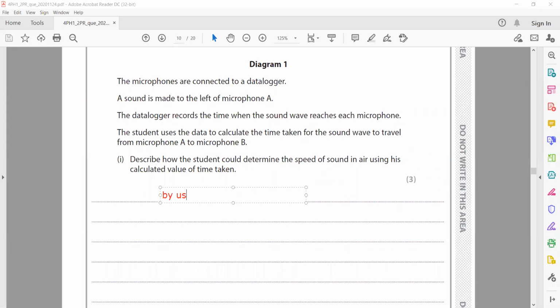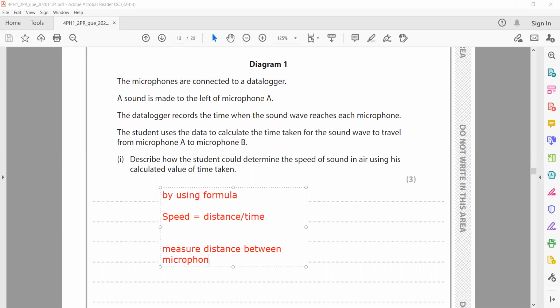Measure the distance between microphone A and B by measuring tape or meter rule, and use the time values to get the speed of sound between A and B.